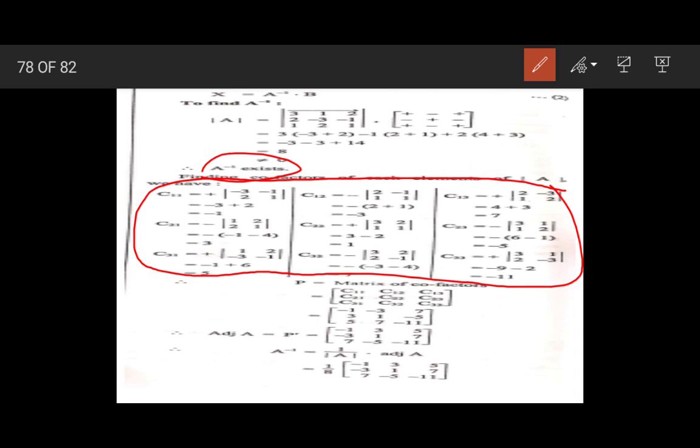Now, how to find A inverse? To find A inverse, we have to start with cofactors. So find the cofactors of each element of matrix A. C11 means the cofactor of element 3. Then C12 means the cofactor of element 1. Then C13 is the cofactor of element 2.